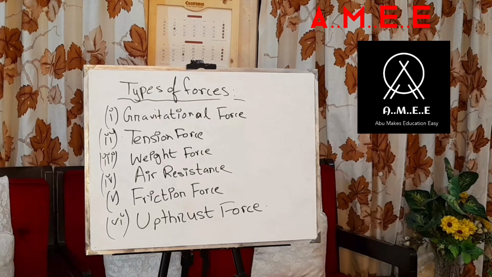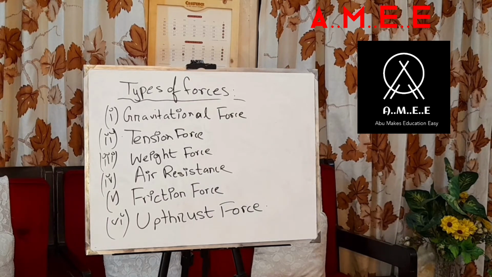So that is why the earth has a gravitational force. Not only earth, each and every planet in this solar system has its own gravitational force. For example, even the natural satellite of Earth, the Moon, has its own gravitational force.